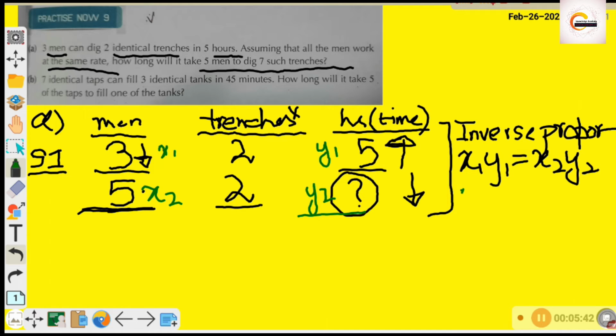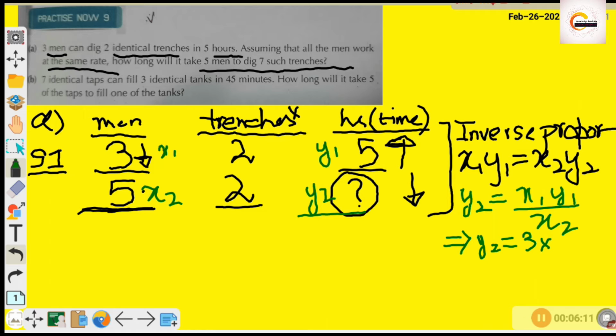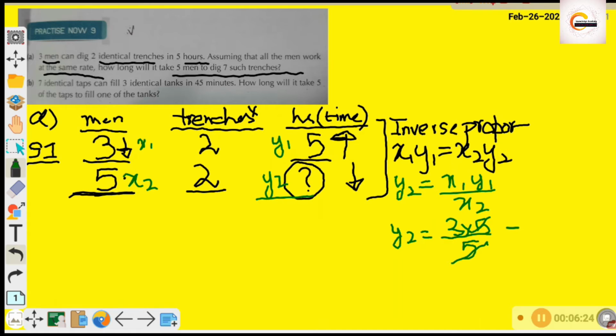So I'm going to cross multiply to find the value of y2. y2 is equal to x1 y1 upon x2, which implies y2 is equal to, putting the values, 3 multiplied by 5 upon 5. 5 and 5 cancel, and the value of y2 is going to be 3.